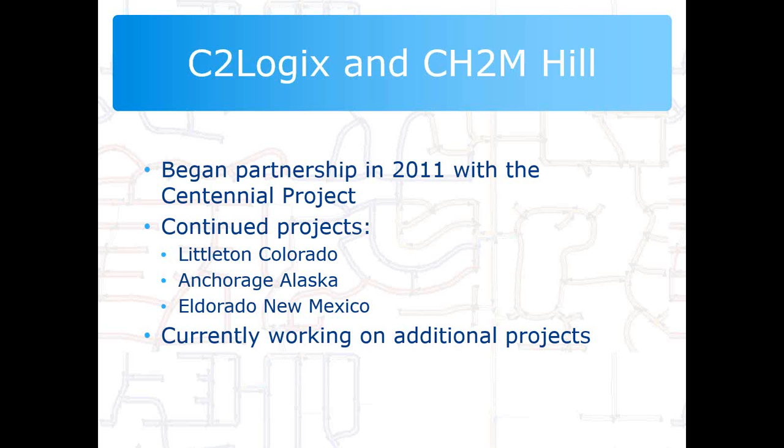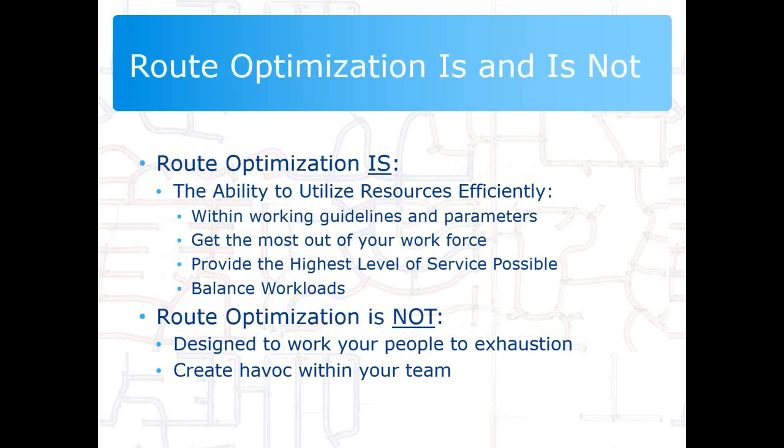Fantastic. Thanks, Monty. So let's talk a little bit about what route optimization is and frankly what route optimization is not. So the way we look at route optimization, it's the ability to utilize your resources more efficiently. So that's great as a generic statement, but really it's about working within guidelines and parameters. So everybody's a little bit different.